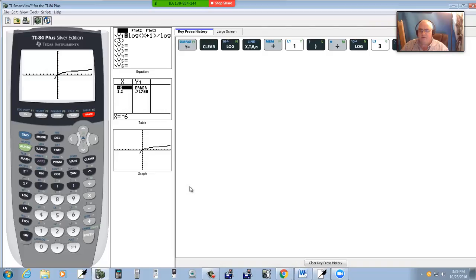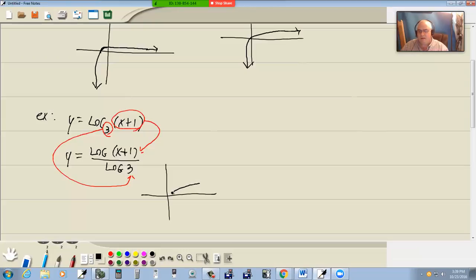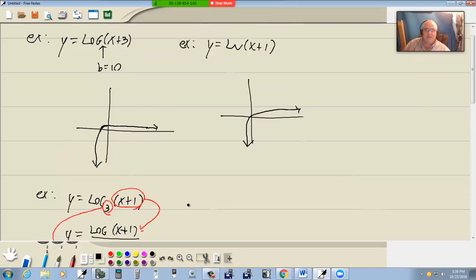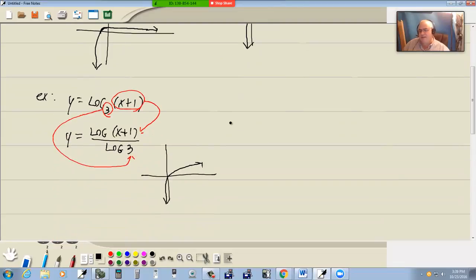And our graph would look like that right there. You might look at that and say, well, that's the same as the y equals ln x plus 1 up there. That's close. Depending upon what your base is, it changes what it looks like.